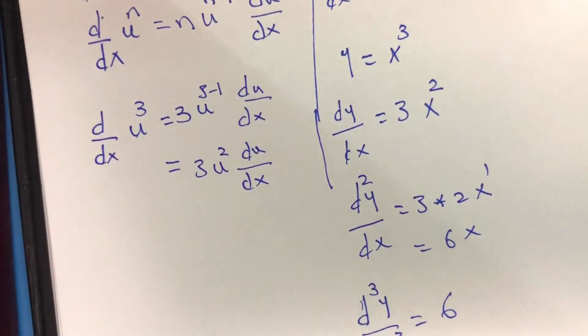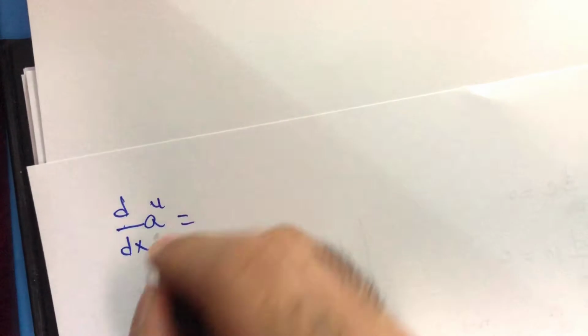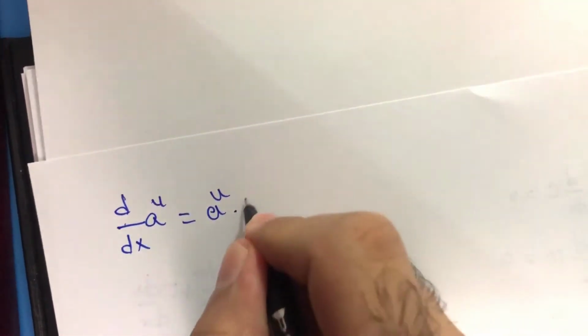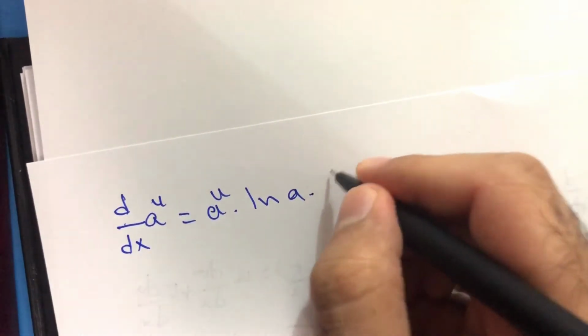For example, if we are interested in finding the derivative of the exponential function, for example, d by dx of a to the power u, this can be differentiated like this: a to the power u multiplied by ln a multiplied by du by dx.